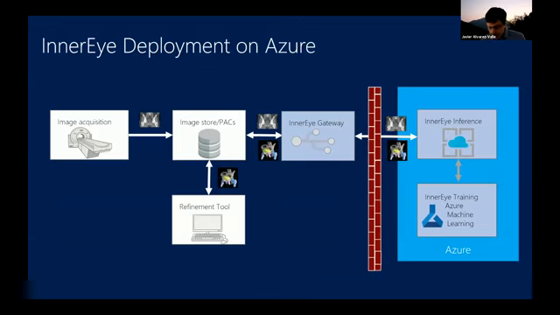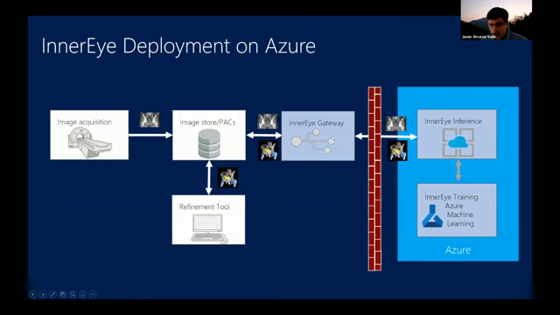The way we integrated these models into the clinical workflow was using the InnerEye gateway, the InnerEye inference component, and InnerEye training. These three components are open source and you can access them on GitHub. With InnerEye training, you can train models and register them in Azure Machine Learning Services. Once they are registered, you can run inference using the API.